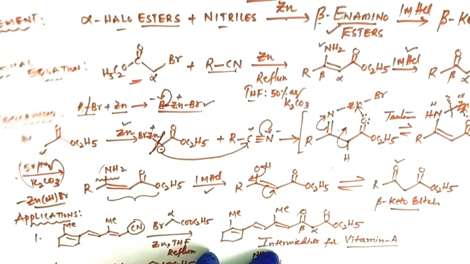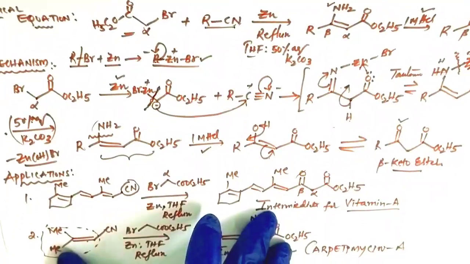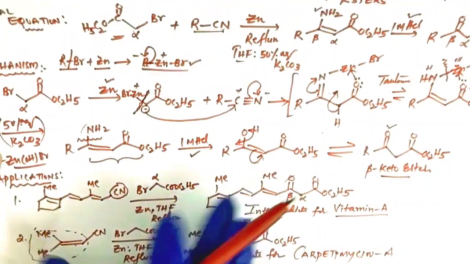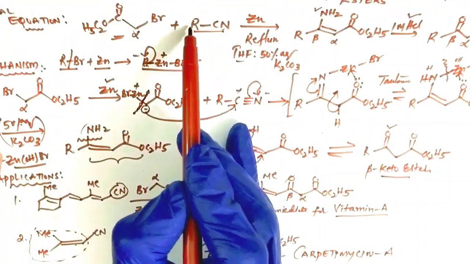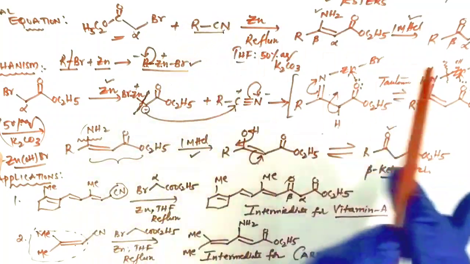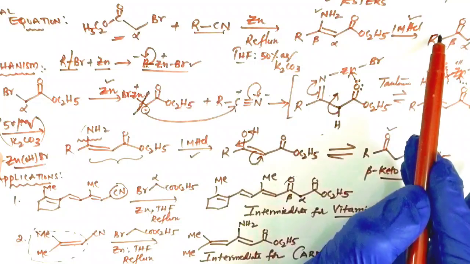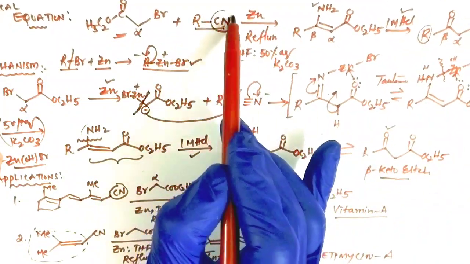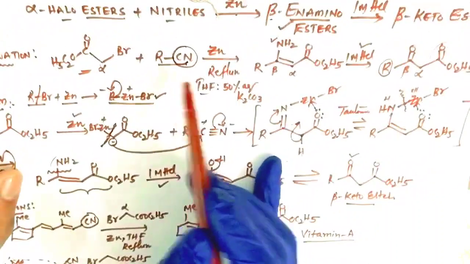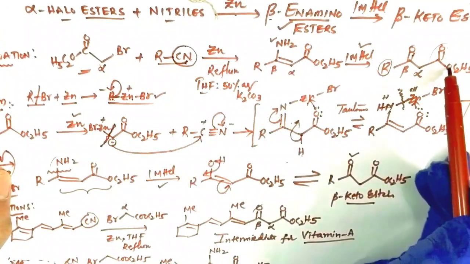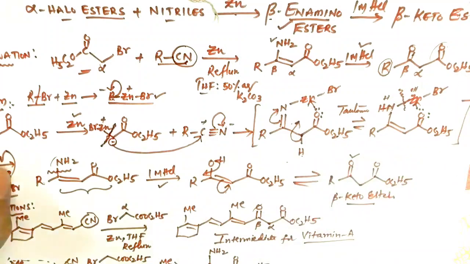Okay. The last portion in the name reaction is application. If you observe this particular moiety, we have RCN. In the final product, we have R. Now the CN is converted into C double bond O, CH2, C double bond O, OC2H5. Simply remember that.